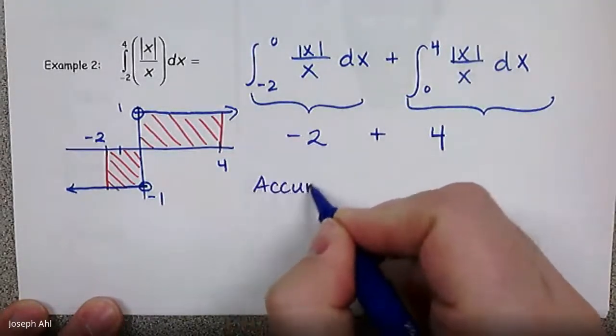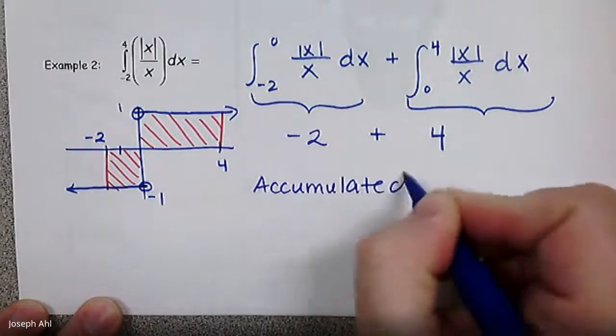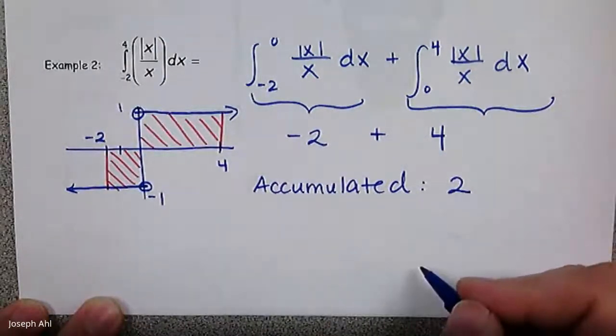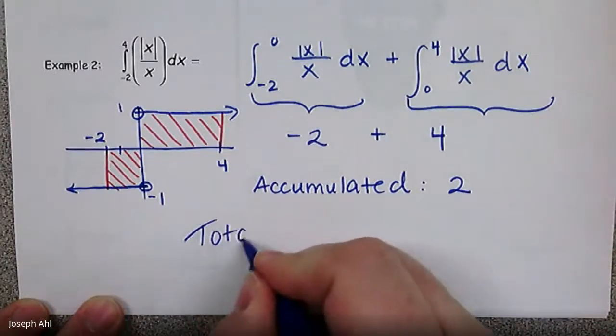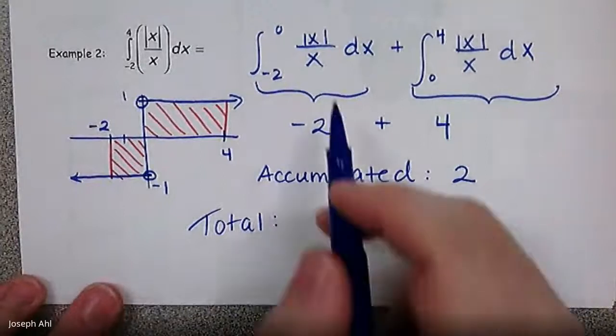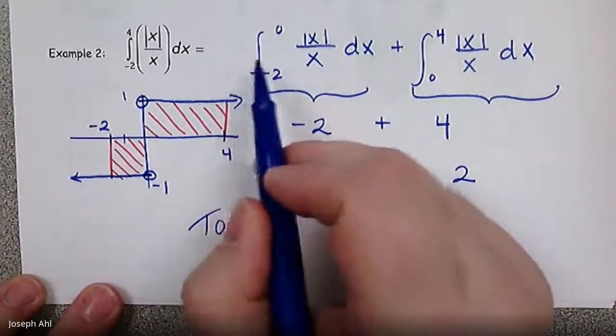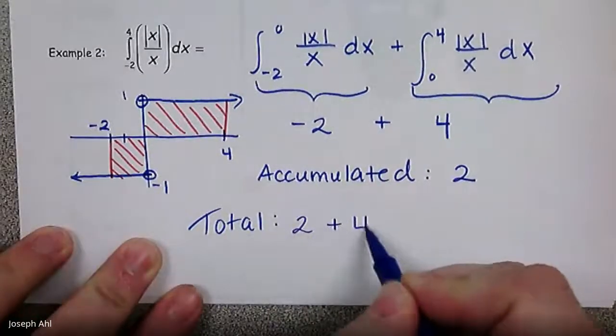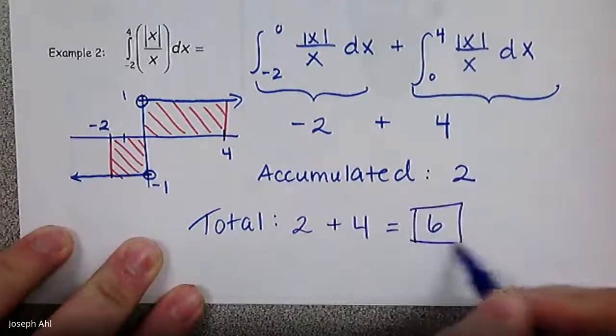So the accumulated area in total from -2 to 4 is +2. But meanwhile, the total area, you would have to negate this function, right? Because it has a negative area. So we would say that it's +2 plus 4 for a total area of 6.